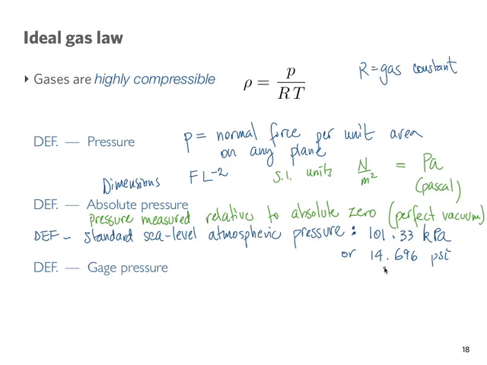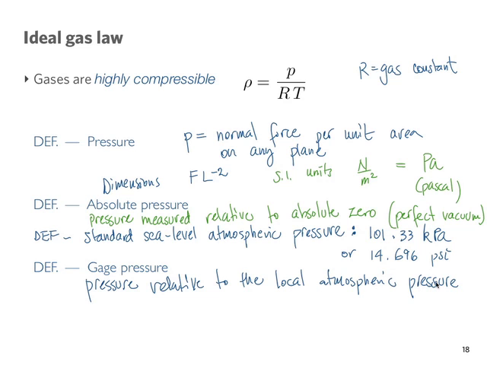Okay, so with respect to atmosphere, again, we measure pressure, and it's called gauge pressure. And the important thing is you have to be very careful not to mix these two.